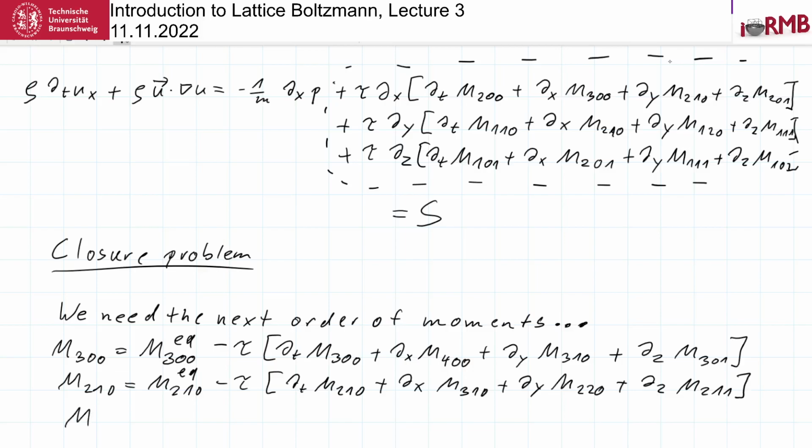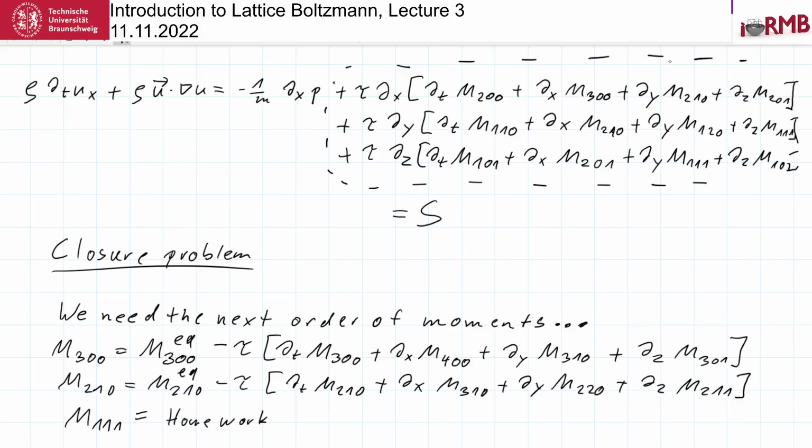And then we have to compute m111, and okay, now you should actually have gotten it, so this you can do as homework, because you just have to count up the moments.